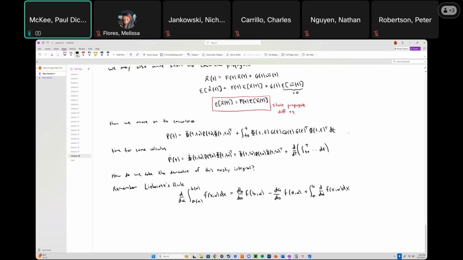So let's start by writing out the left-hand side of the equal sign. So therefore, we have the derivative with respect to t of the integral from t naught to t of phi epsilon to t, g of epsilon, q of epsilon, g of epsilon transpose, phi epsilon to t transpose, d epsilon.